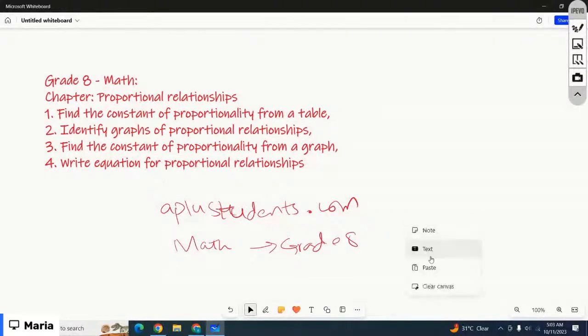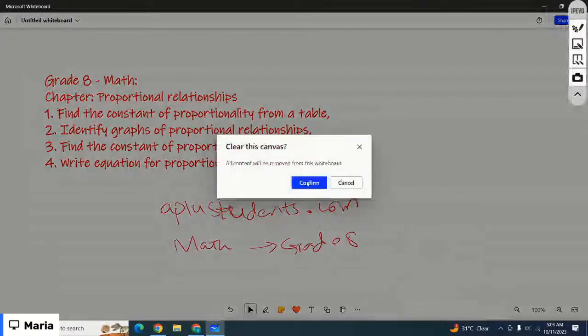Okay, please make sure you have your notebook and pencil so that you can note down the important definitions and examples as well, right?